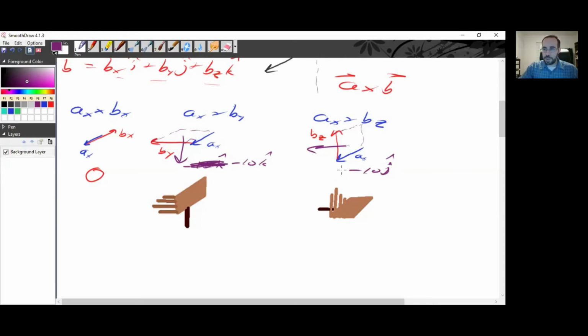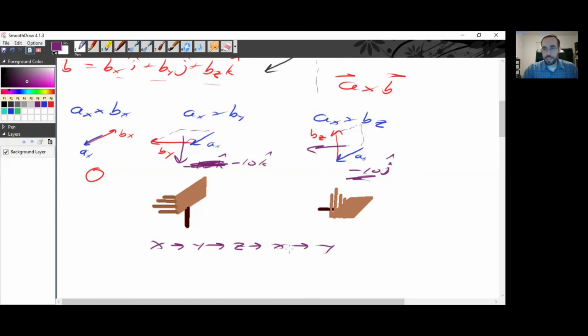Now, it's a little bit interesting here because in this case, we had a positive and a negative number, and we got a negative resultant vector. In the AX cross BZ case, we had 2 positive numbers, and yet we still somehow managed to get a negative number. What's going on? Well, I want to remind you of a particularly important sequence here, which is X to Y to Z to X to Y. This is the general sequence in which you're supposed to go.